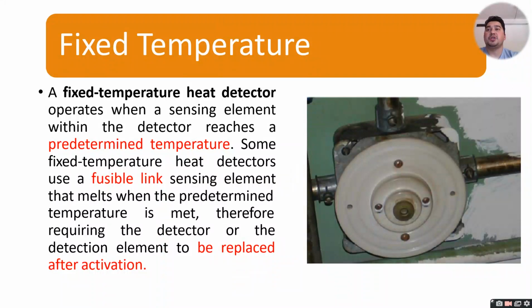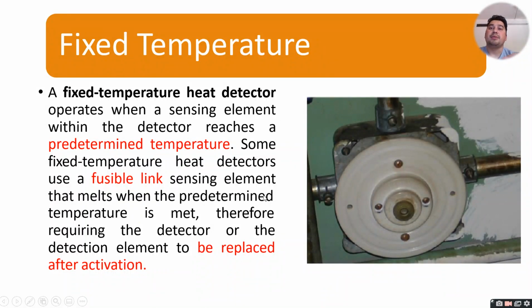Now we have the fixed temperature. A fixed temperature heat detector operates when a sensing element within the detector reaches a predetermined temperature. Some fixed temperature heat detectors use a fusible link sensing element that melts when the predetermined temperature is met, therefore requiring the detector or the detection element to be replaced after activation.